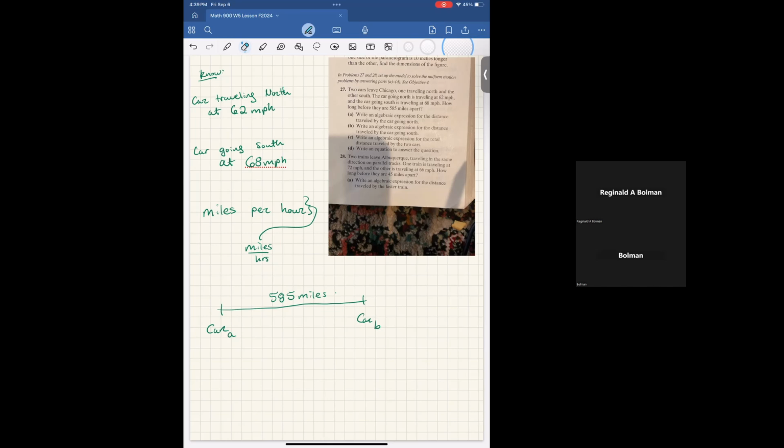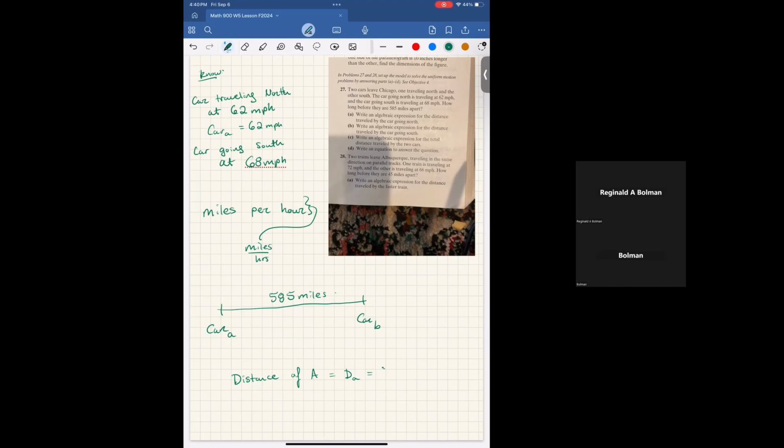Okay. So in this instance, it really doesn't matter if car A or car B is the one that we assign to traveling north. So for the sake of simplicity, I'll let car A be the car traveling north. So it's going north at 62 miles per hour. And if I want to know the distance of A, which we'll just use DA to represent, then to find the distance of a car traveling at a certain speed, we're just going to take the speed of the car and multiply it by how many hours it's traveling, or the time it's traveling at a specific rate.